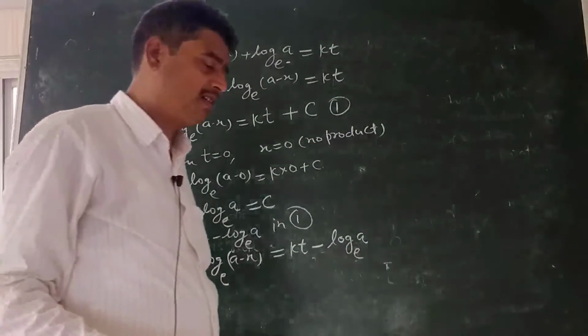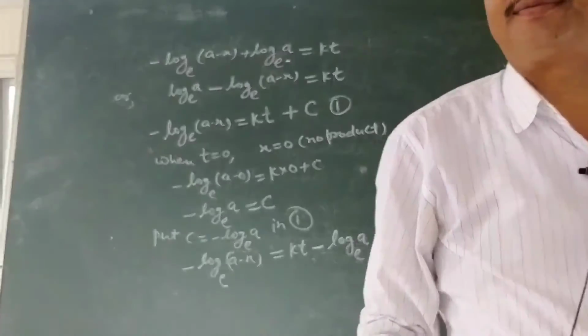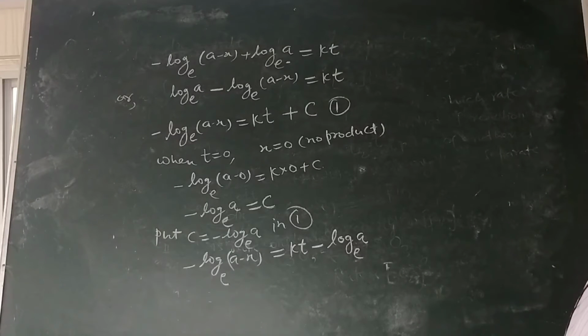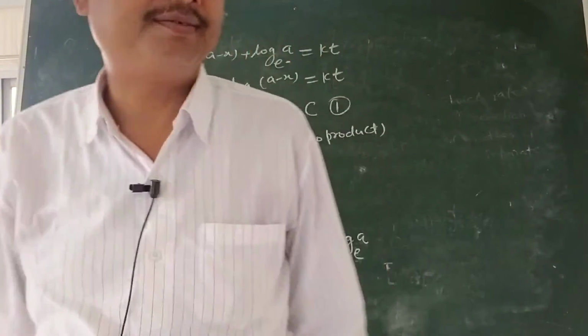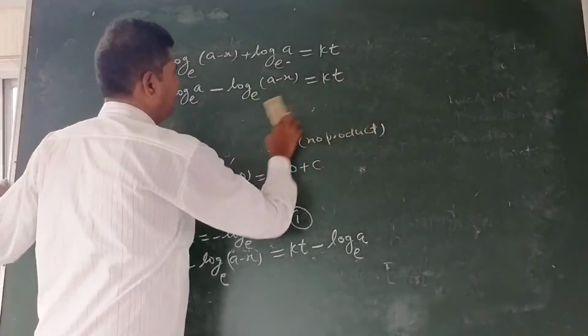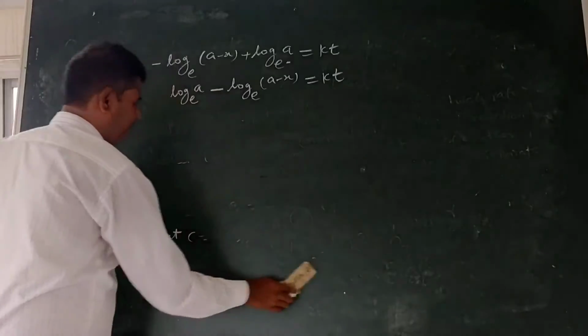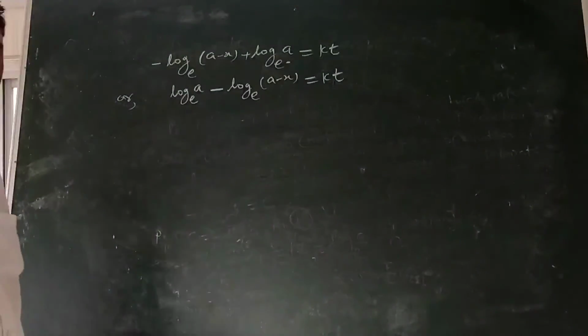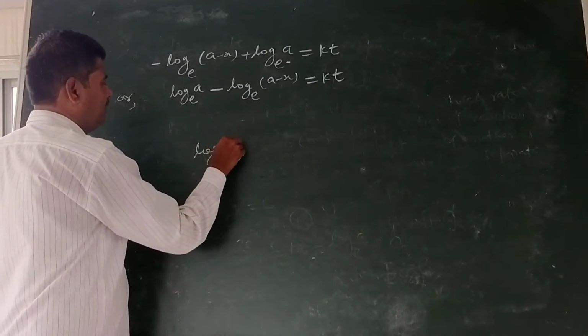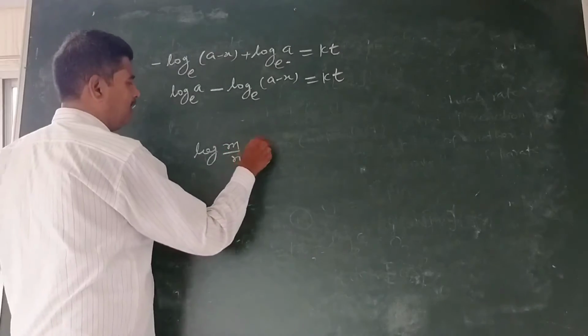The log of numerator upon denominator is written as log numerator minus log denominator. Log m by n, this is the formula for the log.